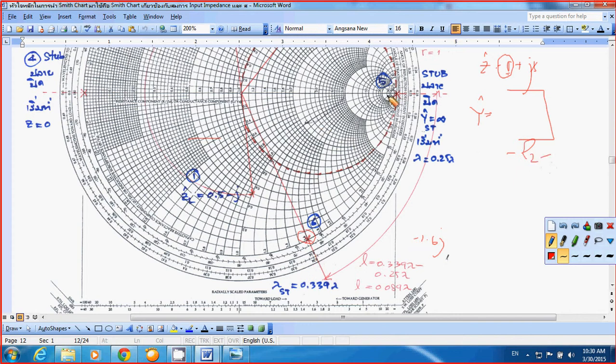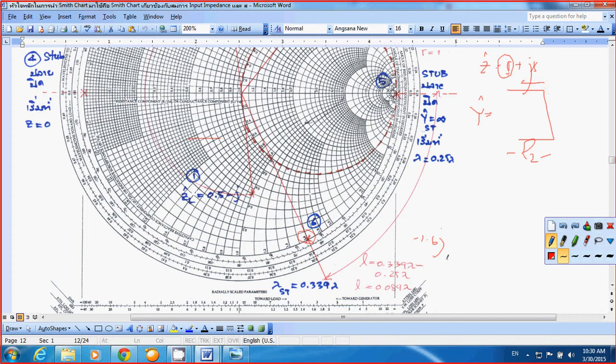The reason you need to start from the short circuit, from impedance equal to 0, and then work on the admittance system, is that you find your admittance at this point. That gives you the starting point of your transmission line, or the stub.